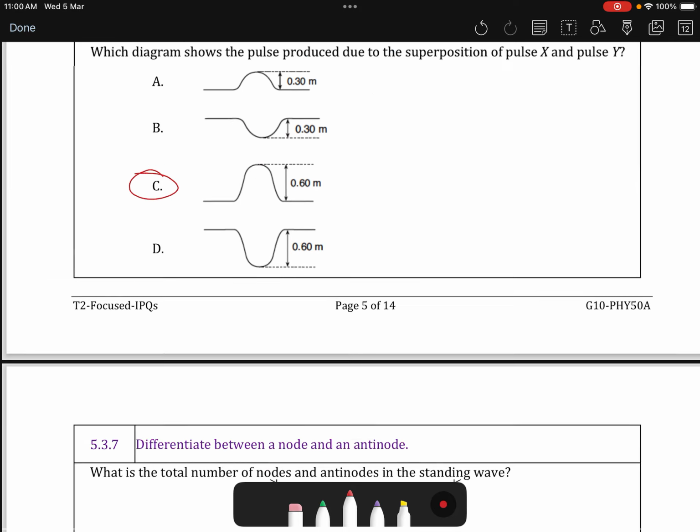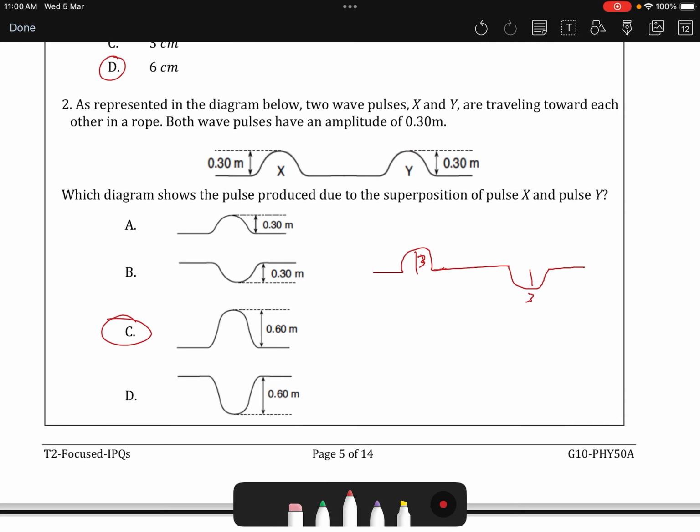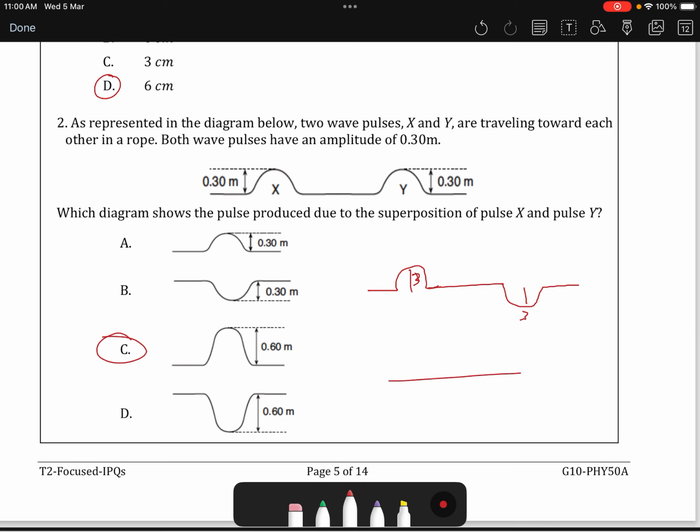Now, if they were in opposite directions, let's imagine. If one of them was like this, the other one was like this, and they both have the same amplitude, let's say 3 and 3. What is the resulting interference? Actually, the result will be 0. So in this case we will subtract.